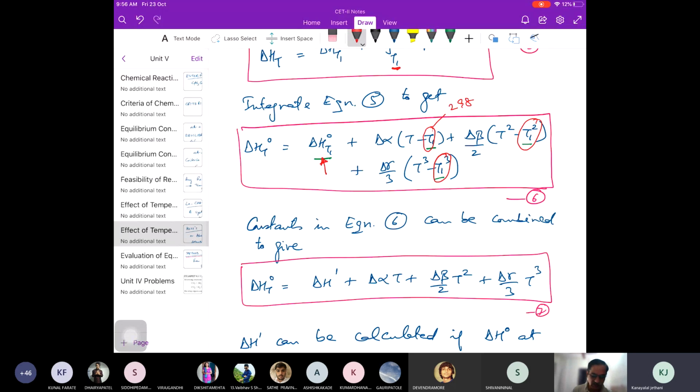And what you get is delta H at T, 0 is equal to delta H prime plus delta alpha into T plus delta beta upon 2 T square plus delta gamma upon 3 T cube. All the constant terms are made into one new constant, delta H prime. Any questions on equation 7?